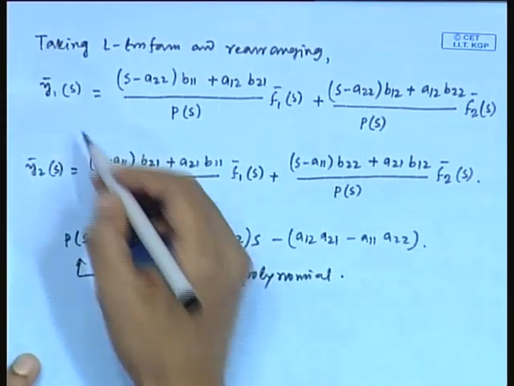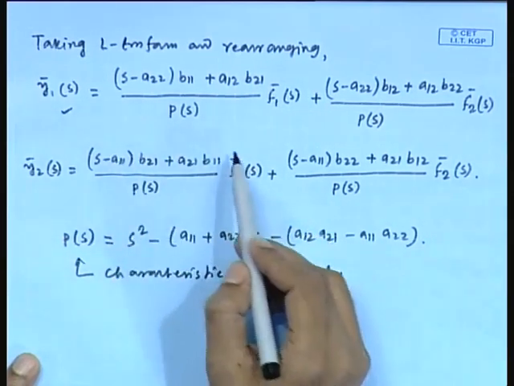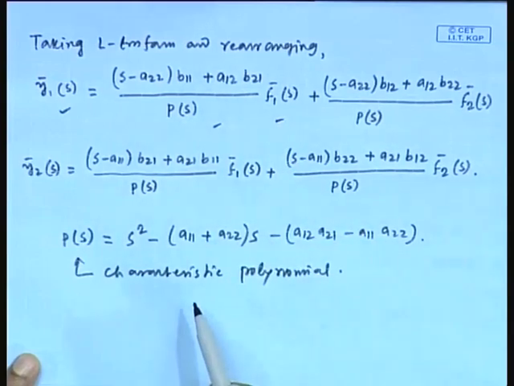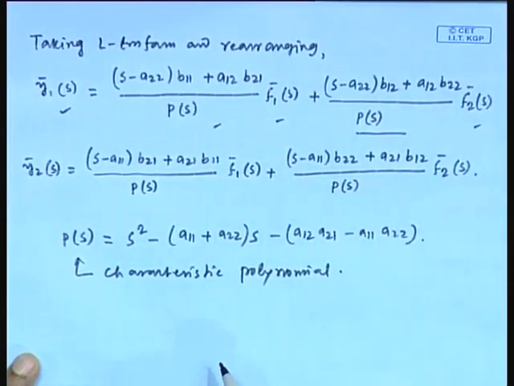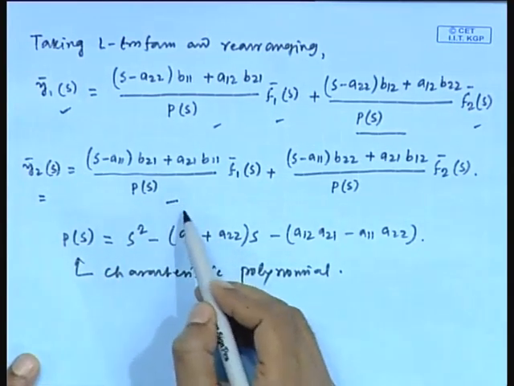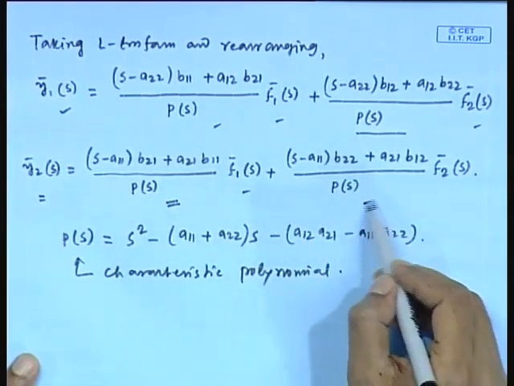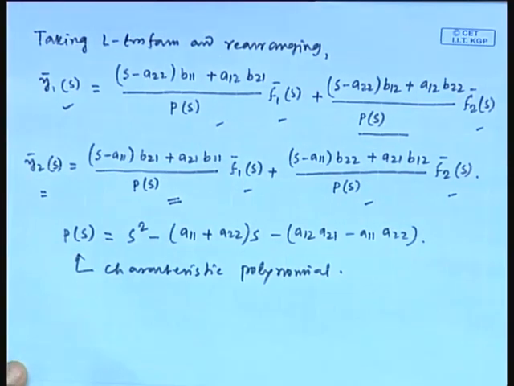Now, you see the output equals one transfer function multiplied by the first input variable, plus another transfer function multiplied by the second input variable. Similarly, for the second output, another transfer function multiplied by the first input variable, and a second transfer function multiplied by the second input variable.